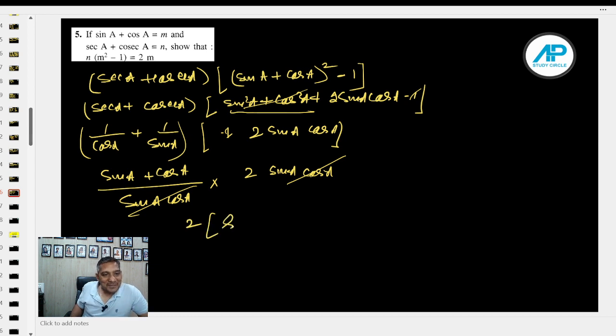This gives me 2 sin A plus cos A, and this is equal to m. So I simply get 2m as the answer.